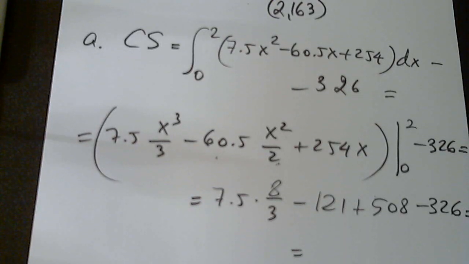So I'm going to calculate with the calculator. Okay, so 7.5 times 8 divided by 3 minus 121 plus 508 and minus 326. So I got $81.